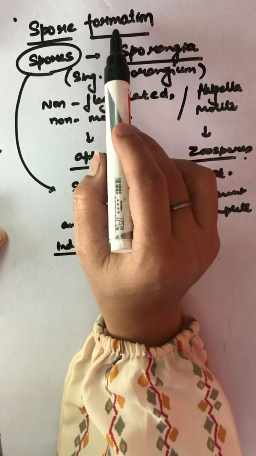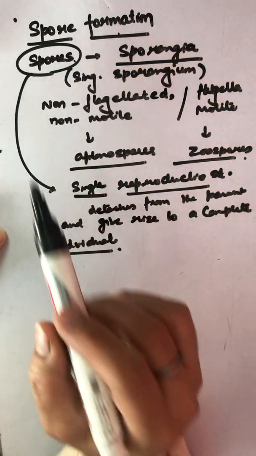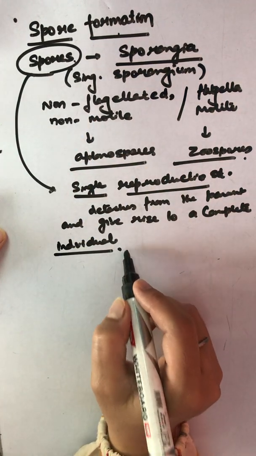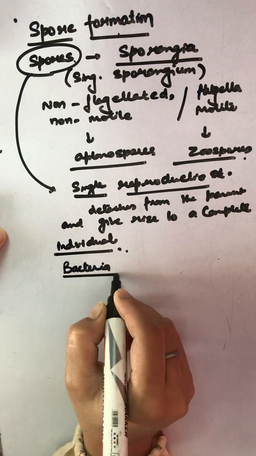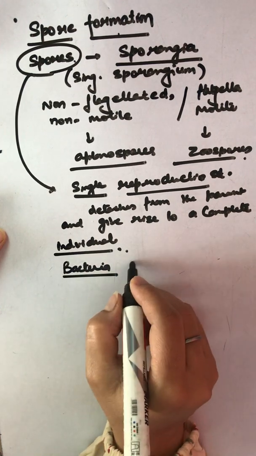And reproduction by spore formation is a common method of asexual reproduction in some bacteria and most fungi.